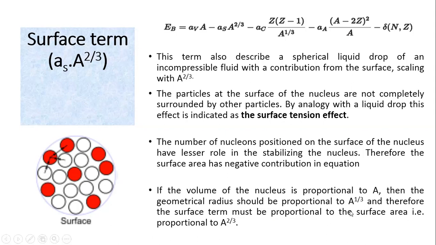That means the surface area is the radius squared, so A to the 1 over 3 squared, that will be 2 over 3. So the surface term will be A to the 2 over 3, and you have to subtract it from the volume term to calculate the binding energy.